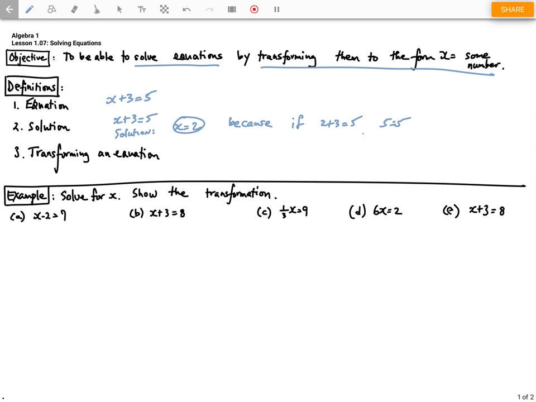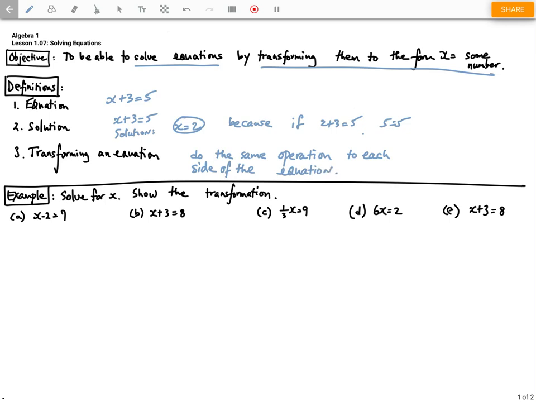Now, to transform an equation means to do the same operation to each member of the equation. So the key here is to do the same operation to each side of the equation.